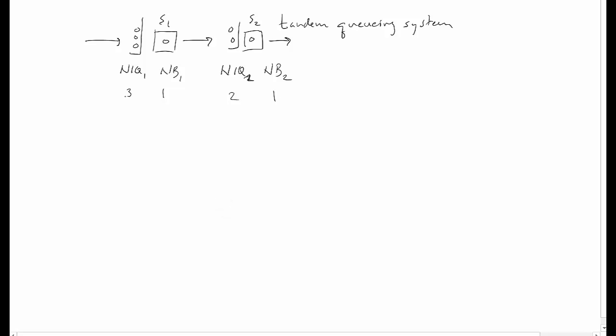Then the number in queue here would be 2, and the number in queue here would be 3, reflecting the fact that the entity was transferred from server 1 into the queue for server 2. So that state representation is very similar to what we had before. We're simply expanding it to account for the fact that we now have 2 servers in series.